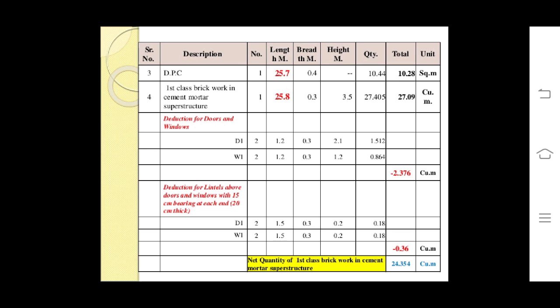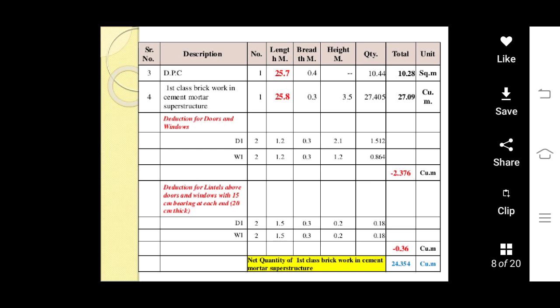For two number of windows, similarly, the multiplication of width, length and breadth, that is 1.2 into 0.3 into 1.2, gives total quantity of deduction 0.864 meter cubes. Therefore, the total volume to be deducted from superstructure wall is minus 2.376 cubic meters.